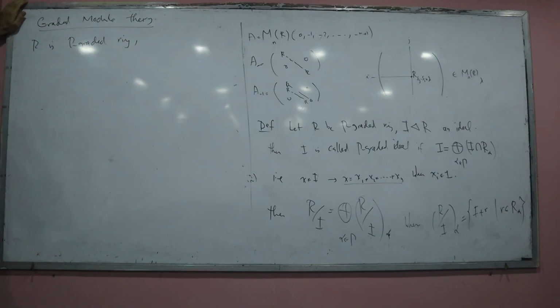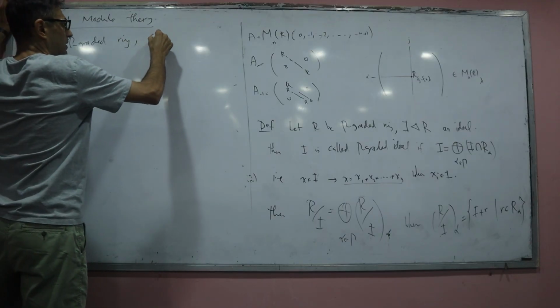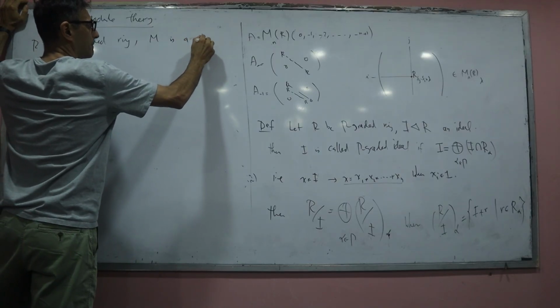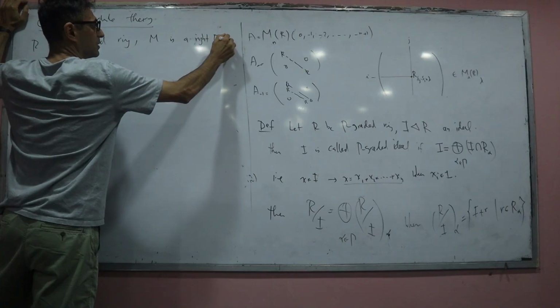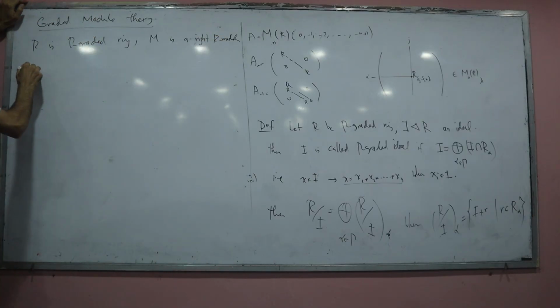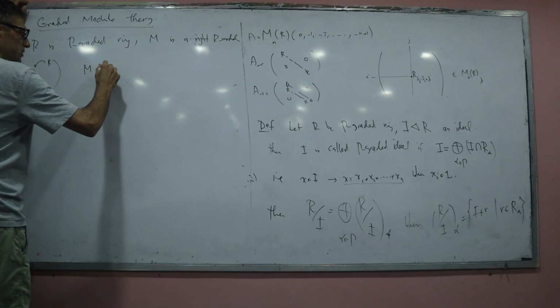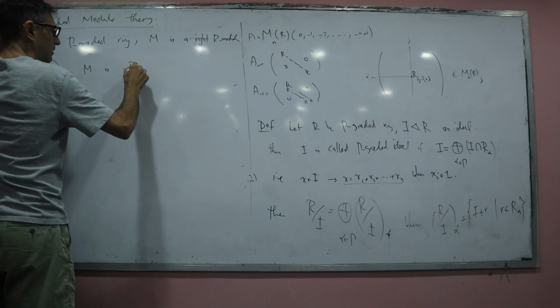Now I'm going to work with modules. So imagine M is a right R module. So this means that really there is an action of R on M in a very nice and compatible way. Then I say M is also a gamma graded module.